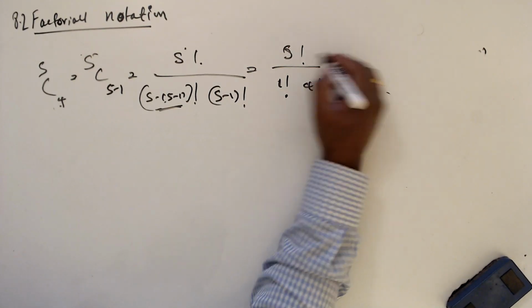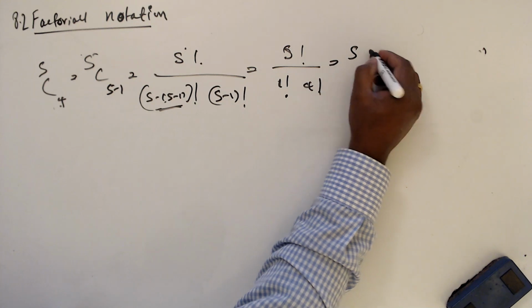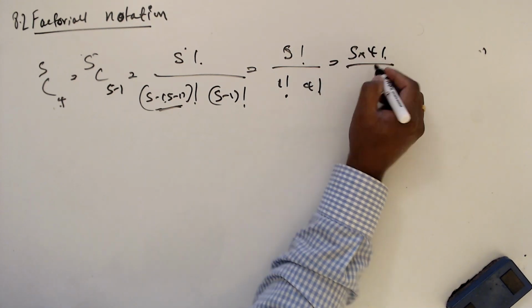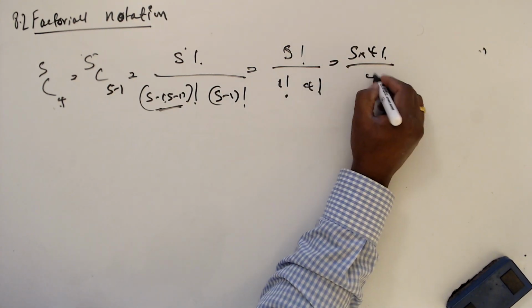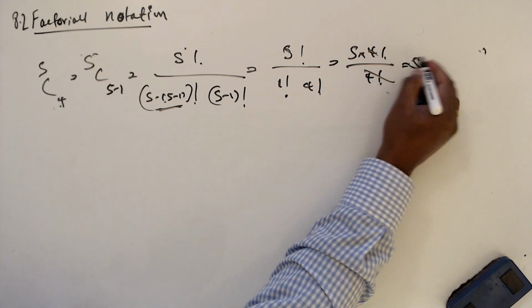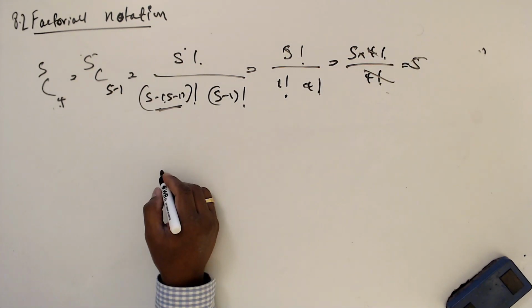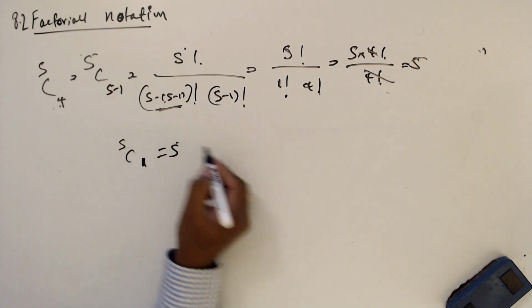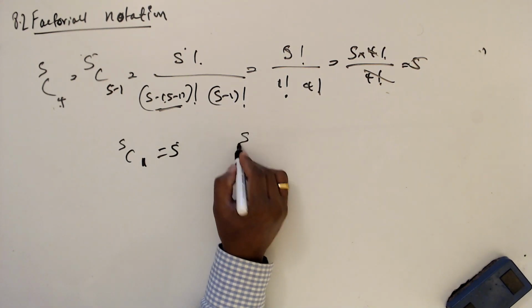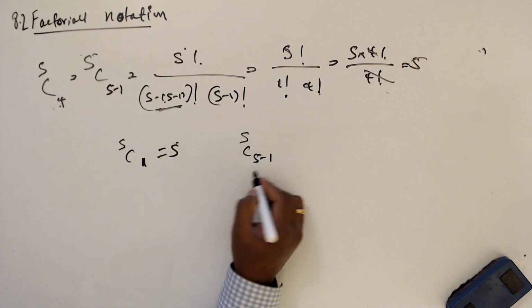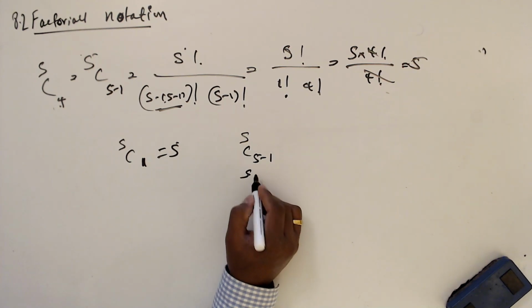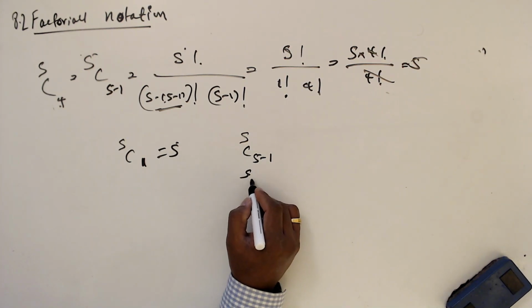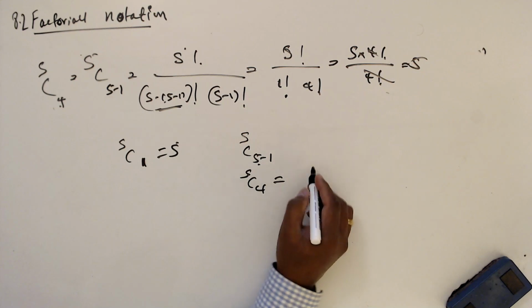I am writing factorial 5 as 5 times 4 factorial, and this cancels out with factorial 4, leaving 5. That's why 5C1 is also 5, and 5C(5 minus 1), which is 5C4, is also 5.